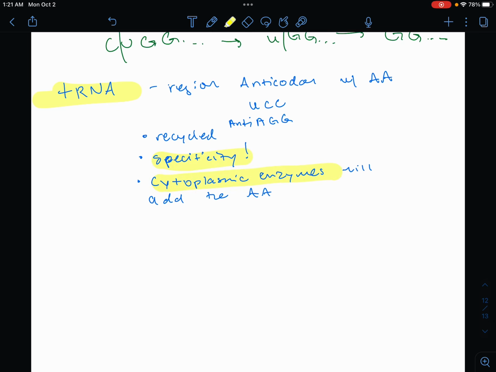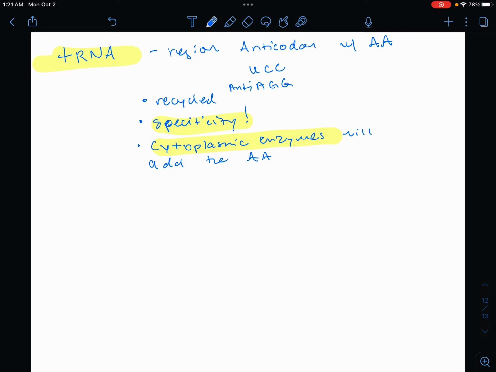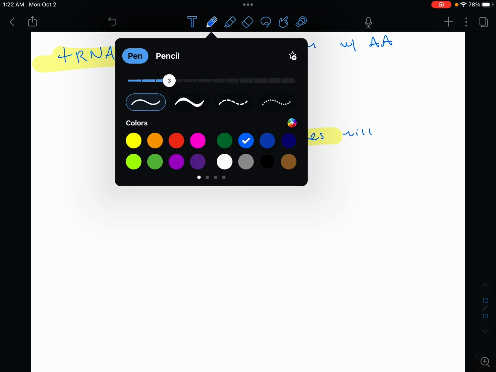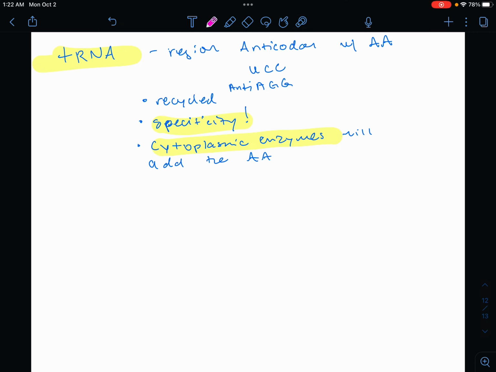Alrighty. Here's a fun fact that comes with the translation of the genetic code in bacteria. So translation, TSLN, in prokaryotes will actually occur before transcription is ending.